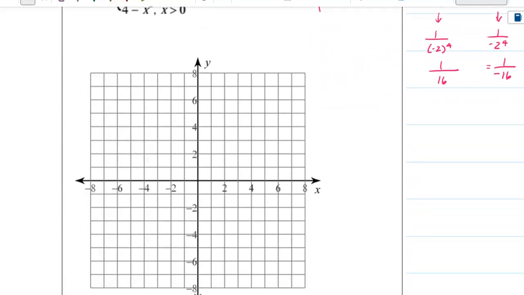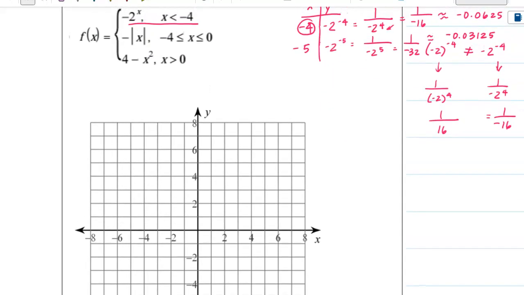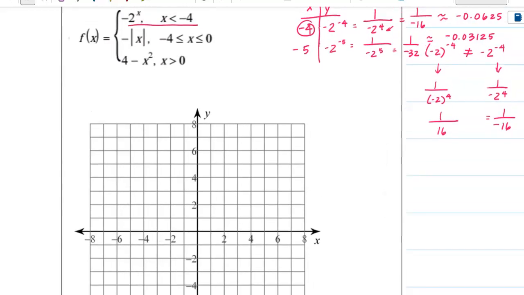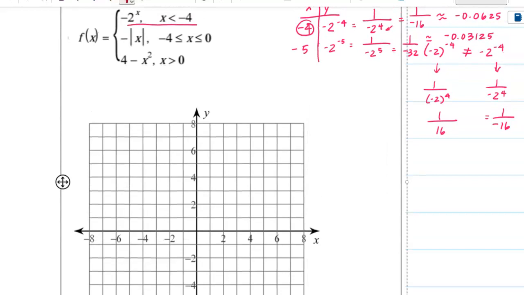When I graph that, it looks like it's getting closer and closer to 0. Okay. And so you have a -4, open circle, and then -5, open circle, and just a closed circle. Something that looks like that.